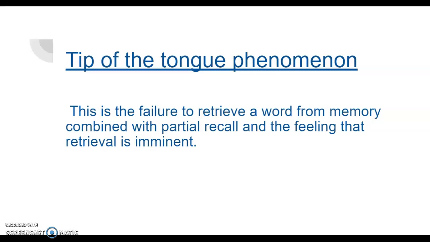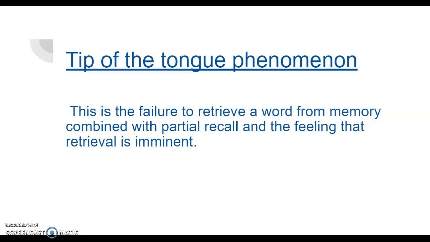Well, this process is not completely understood. There are two theories of why it occurs. The first is what they call the direct access perspective, which states that the memory is not strong enough to retrieve, but it's strong enough to trigger this state. Another theory, because remember everybody has a theory on everything in here, the inferential perspective says that the state occurs when the subject infers knowledge of the target word and tries to piece together different clues about the word that might not be accessible in memory.